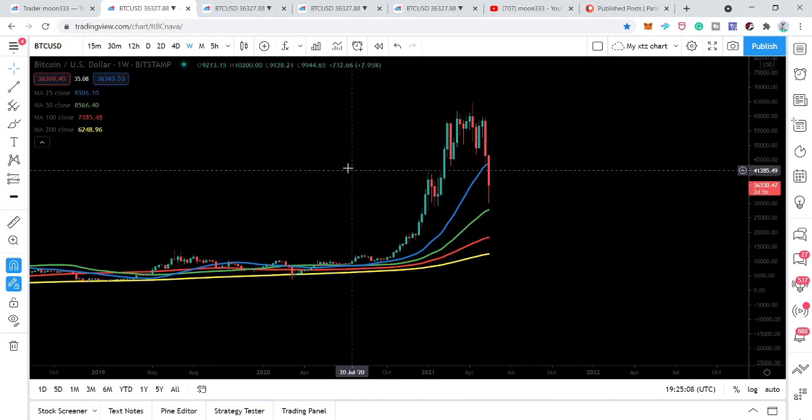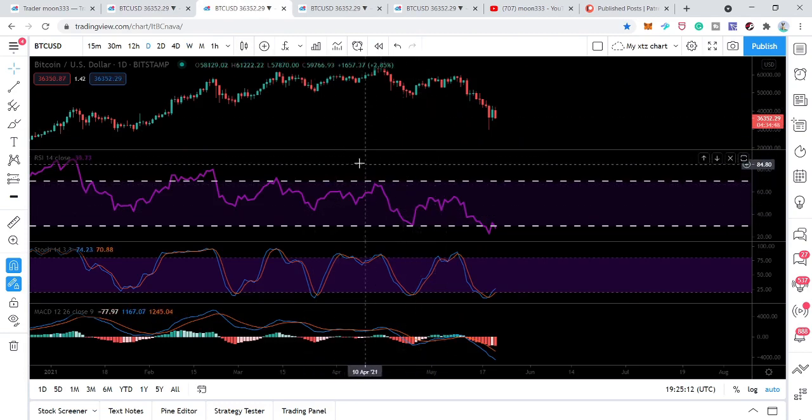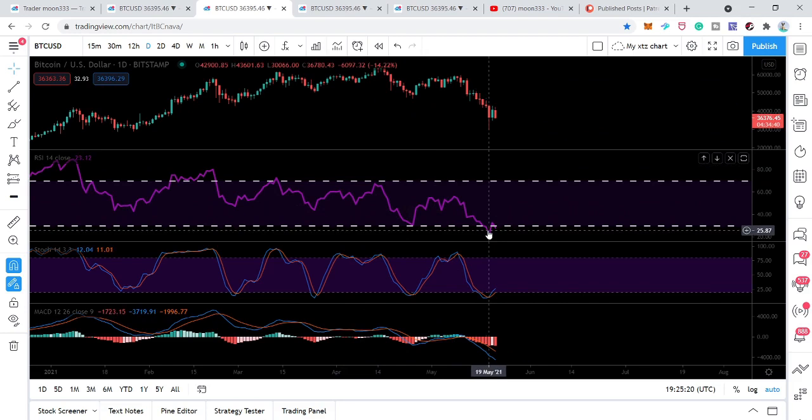Now, if we watch the different oscillators on the daily time frame chart, this is a very important point. We can see that the RSI, the relative strength index, is in oversold. And if we watch the history of Bitcoin, the RSI on the daily time frame never stays in the oversold for a long time period.